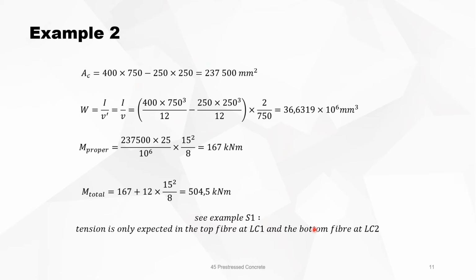Because we know that now, instead of checking the 4 situations, we will only check the tension in the top fiber at load case 1 and the tension in the bottom fiber at load case 2.